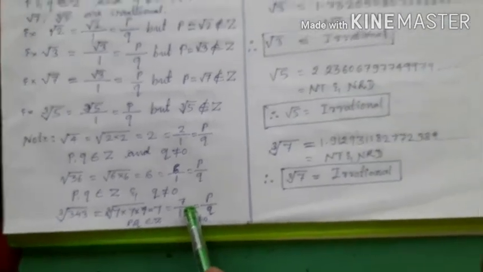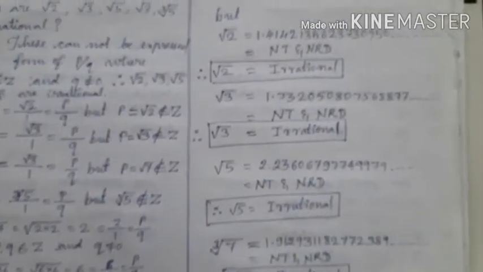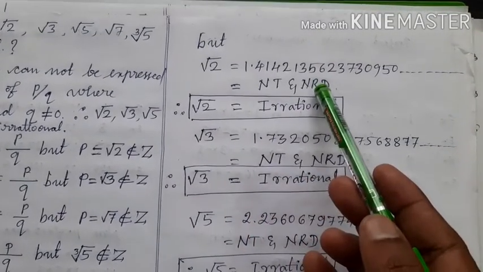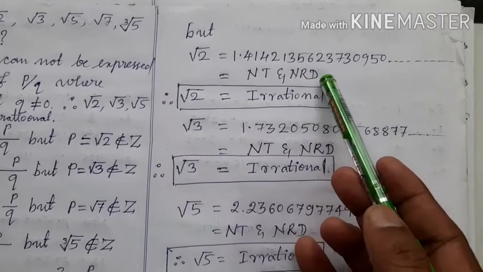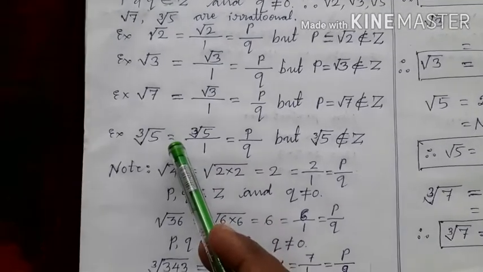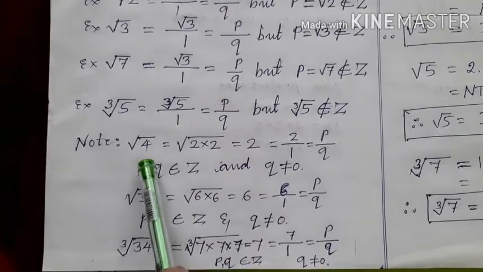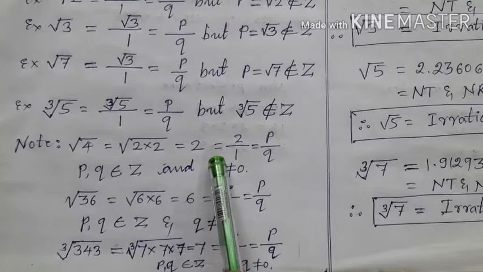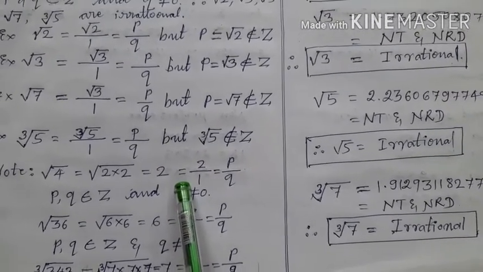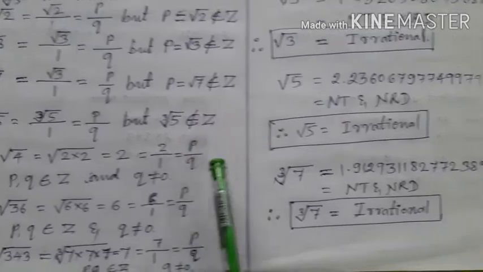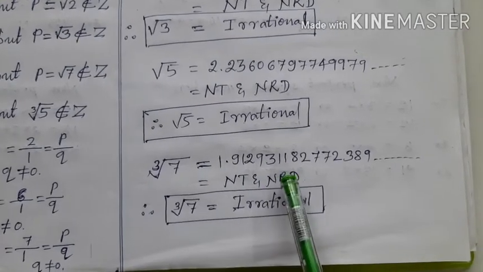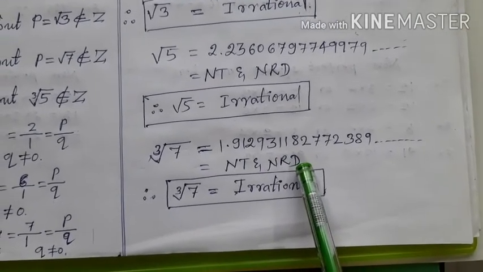Therefore, children, we will conclude that under the square root mark, if we write any number, its value will not always be non-terminating and non-repeating, meaning irrational. Okay? There are some numbers which we write under the square root mark, but their values are rational. And here under the cube root mark we have written a number and its value is a non-terminating and non-repeating decimal.